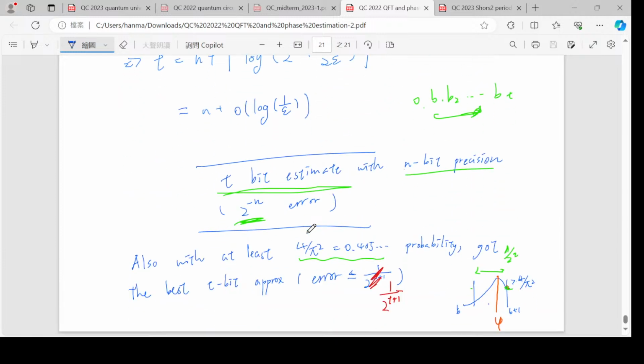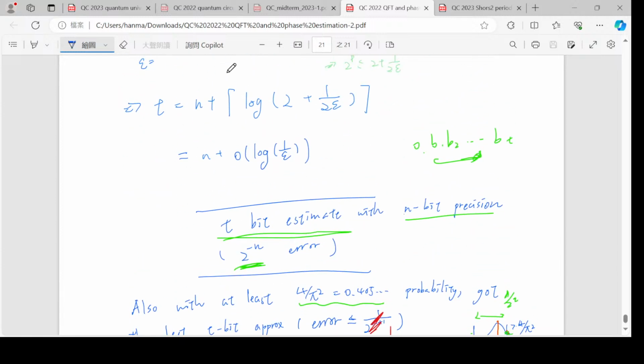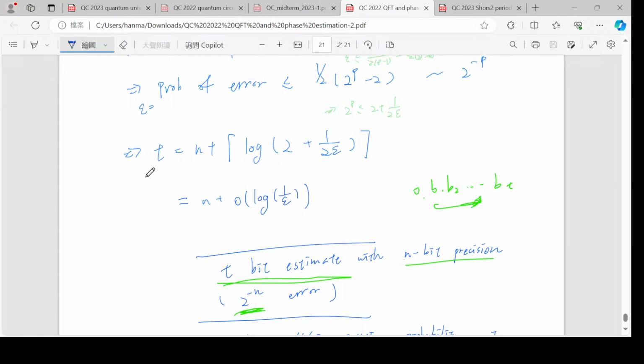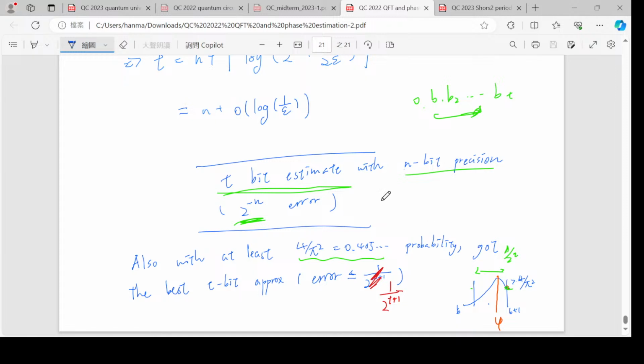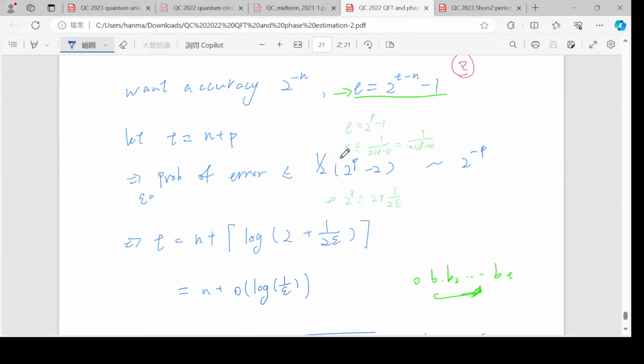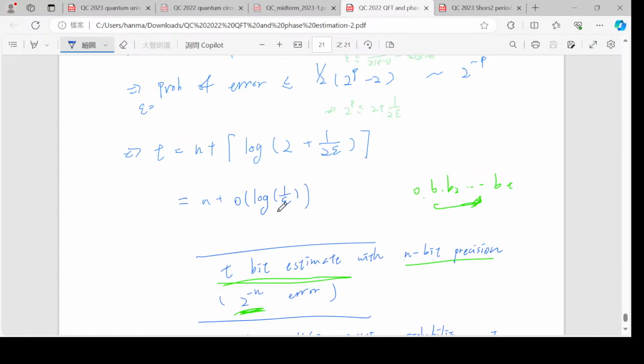Okay, so remember we are going to use this to do factoring. And so this is one way to do the analysis. Another way to do the analysis is setting epsilon as a very big constant. Here the epsilon can be arbitrarily small.